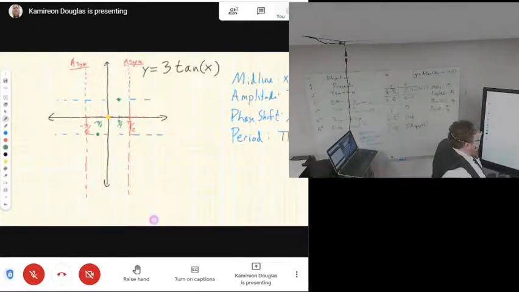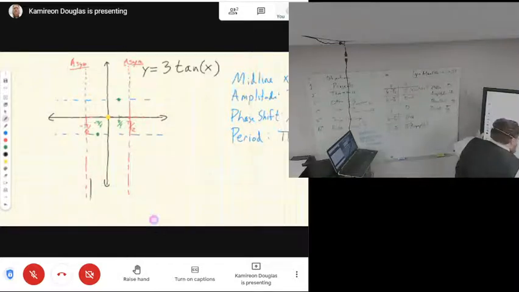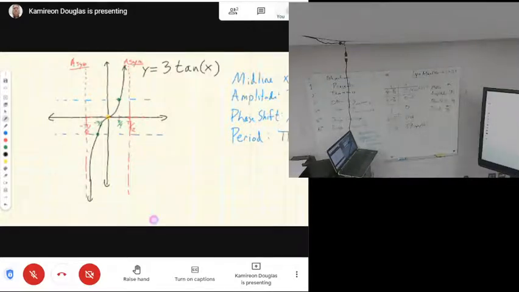So for this problem, I want to point out the points that matter. So, little table of x's and y's. All right. At negative pi over 2, we have an asymptote, so it is undefined.